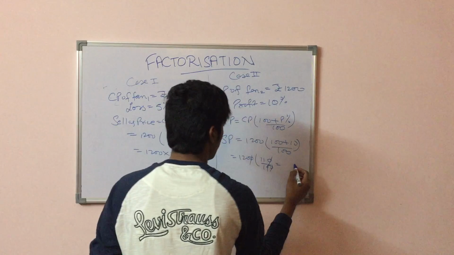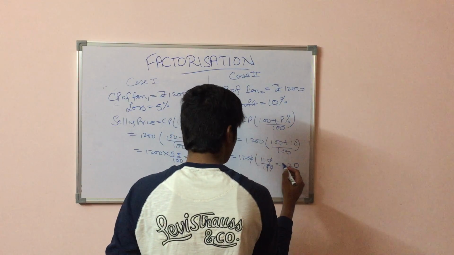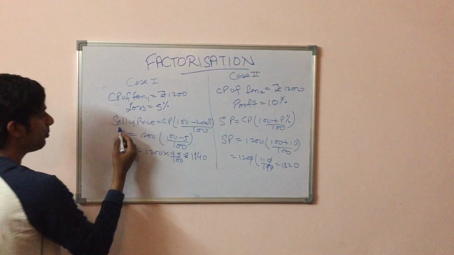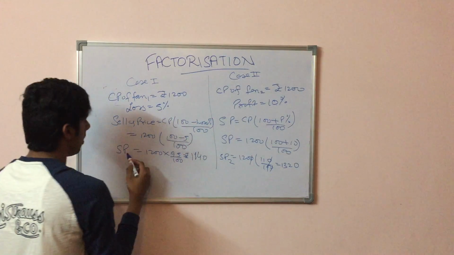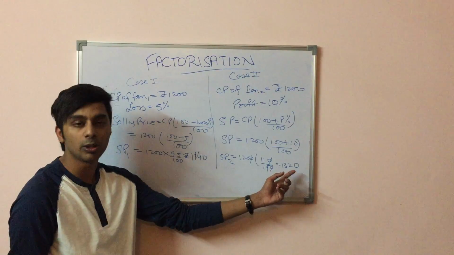It becomes 1320, right? So our SP1 is 1140 and SP2 is 1320.